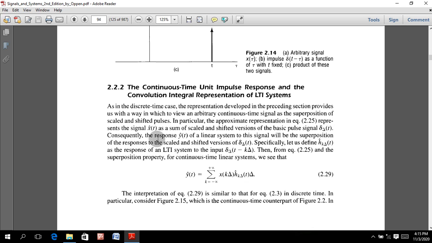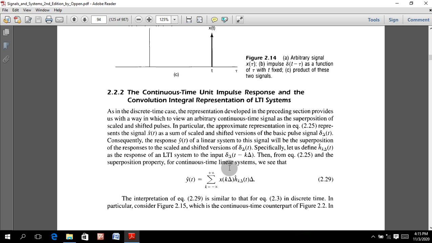Consequently, the response y tau of t of a linear system to this signal will be the superposition of the responses to the scaled and shifted versions of del tau. Specifically, let us define h k del of t as the response of an LTI system to the input del t minus k del. So basically, this output signal can be written in the same form, right?